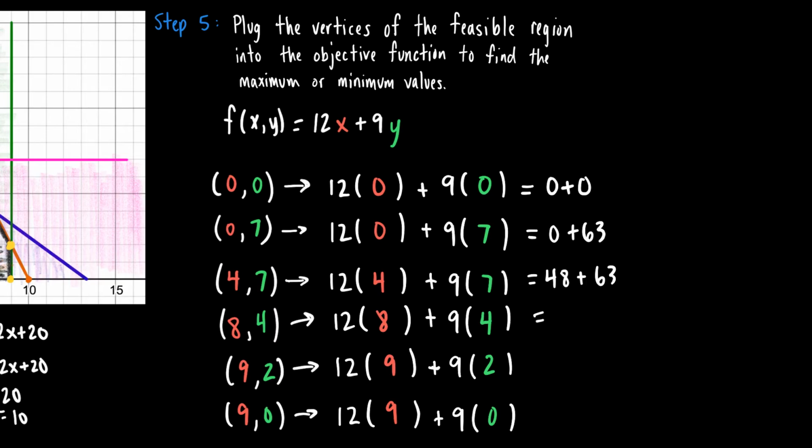The next one is 12 times 8, which is 96, plus 9 times 4, which is 36. Next one is 12 times 9, which is 108, plus 9 times 2, which is 18. And the next one is 12 times 9, which is 108, plus 9 times 0, which is 0.